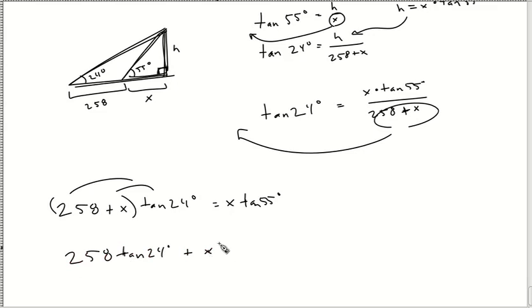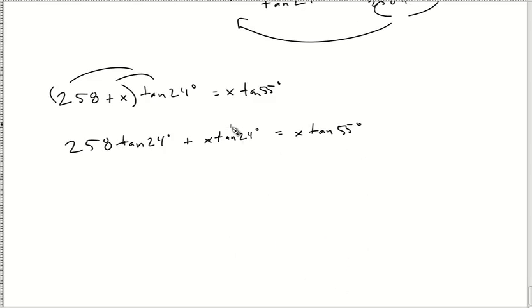And you could definitely do this problem with law of sines, like the lesson is kind of indicating. But you know how I don't like to follow the rules. So there we go. I'm going to move this tangent X thing over, and then I'm going to factor that X out. So I've got X tangent 55.